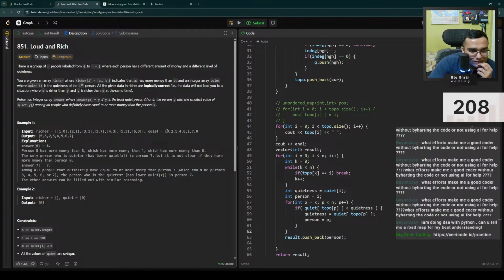Okay, so quietness of zeroth node, right? Quiet of I is the quietness of the ith person. All the given data in richer are logically correct. Okay. Quietness of zeroth person is 3. So I need a person who's richer than 0 and quietness is less than 3.